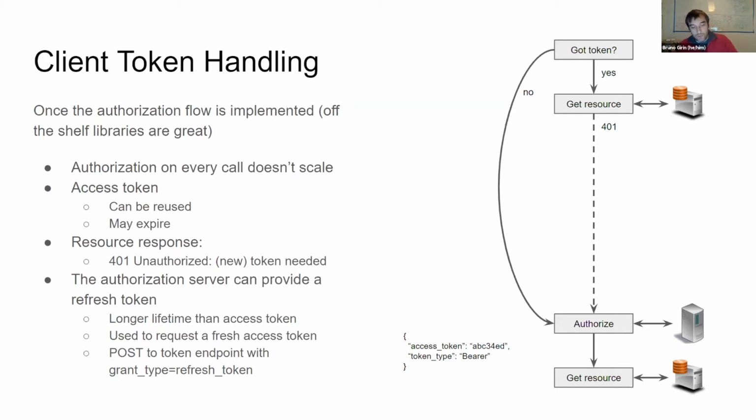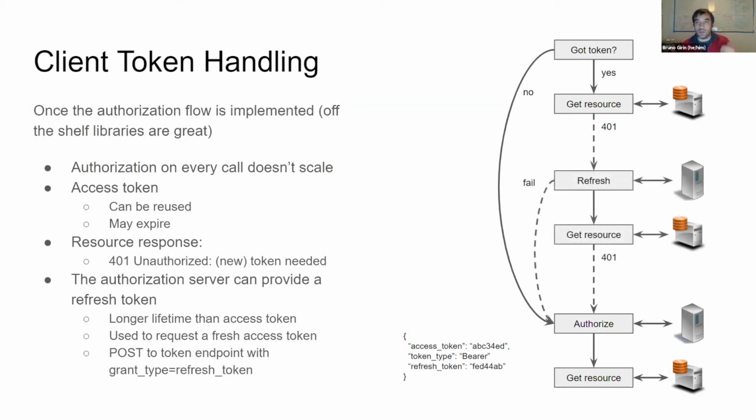Now, to avoid annoying your users too much, you probably want to have a fairly long expiry period. But on the other hand, the security people will tell you, no, we need a short expiry period. So how does Auth reconcile this? Auth reconciles the two conflicting requirements by also giving you a refresh token.